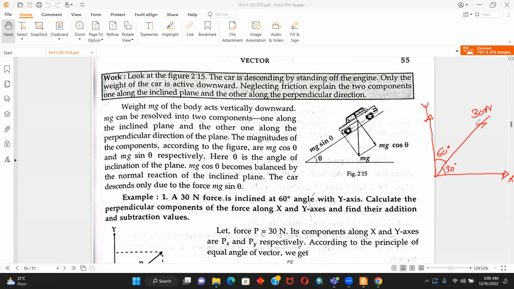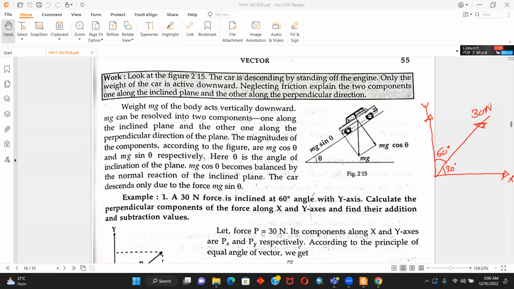So now what is our question? Our question is to calculate the perpendicular components of the force along x-axis and y-axis. So forget about the perpendicular component, just focus on the term component. What is component? That means we will get a component along x-axis and a component along y-axis. So these two will be our answers.